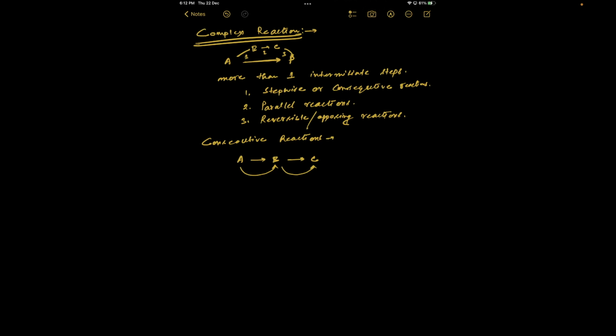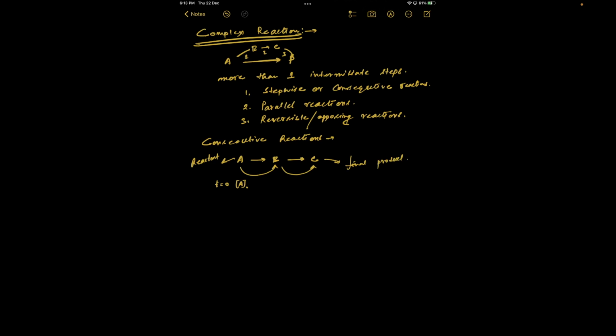Now let's say at time t equal to 0, only the reactant molecule is there. So let's say the initial concentration of A molecule is A0. Here A is the reactant molecule and C is the final product molecule, and B is the intermediate product or intermediate step.